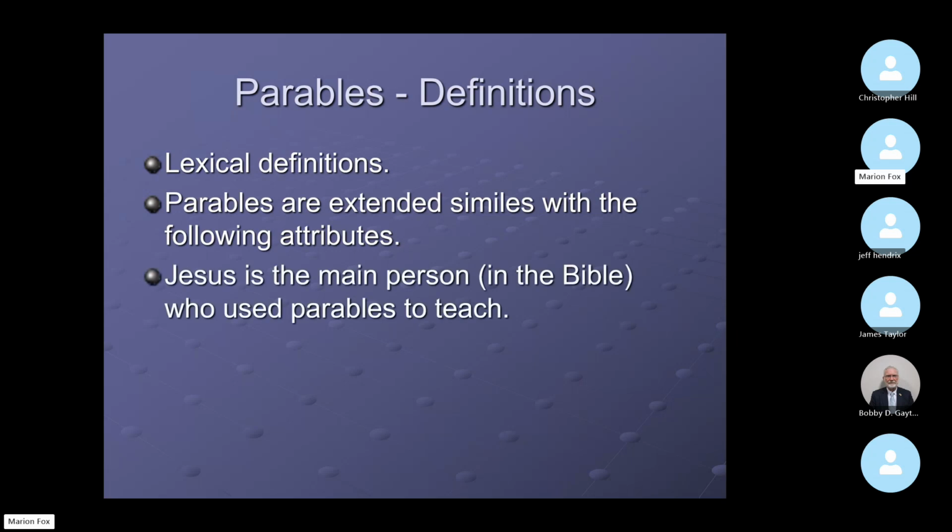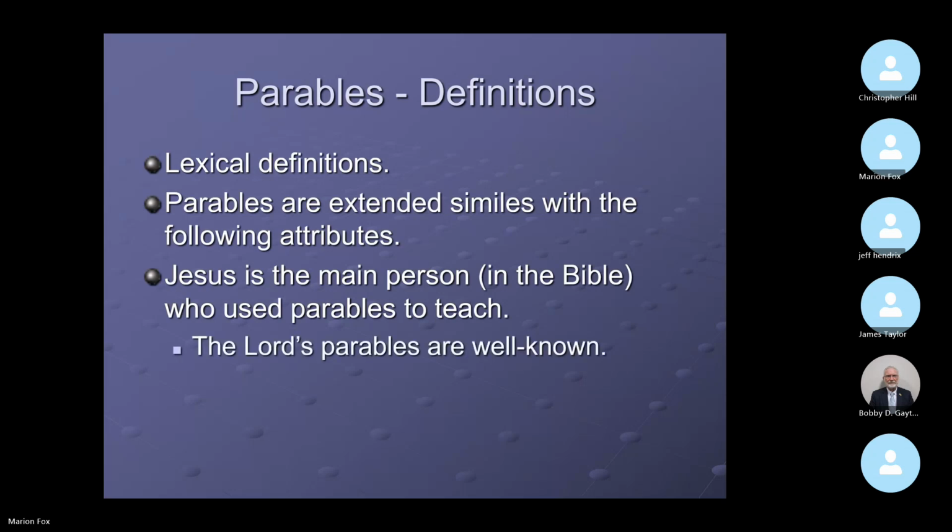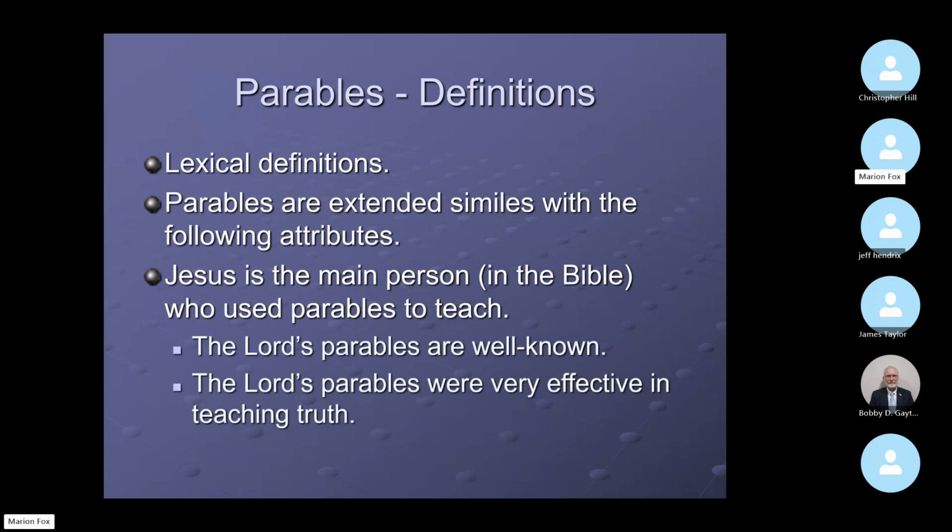Jesus is the main person in the Bible who used parables to teach. Kind of remember that. The Lord's parables are well known, and they're very effective in teaching the truth. I would like to have a class where we looked at all the Lord's parables and dealt with each one of them all the way through.